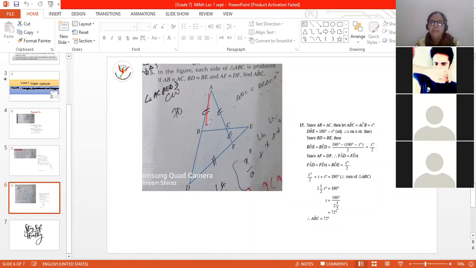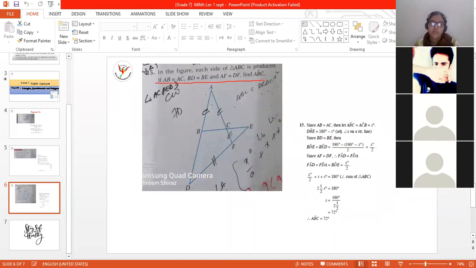So AB is equal to AC, right? BD is equal to BE, and AF is equal to DF. So all the sides are equal. He has already given us this, and we have to find the angle ABC.